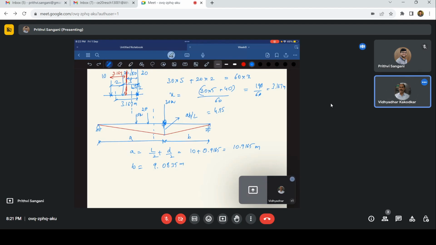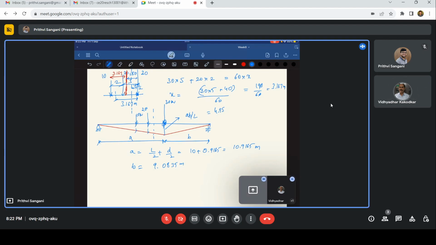Now, how much is this ordinate going to be, and how much is this ordinate going to be? If this is 4.95, I'll call them O1 and O2.